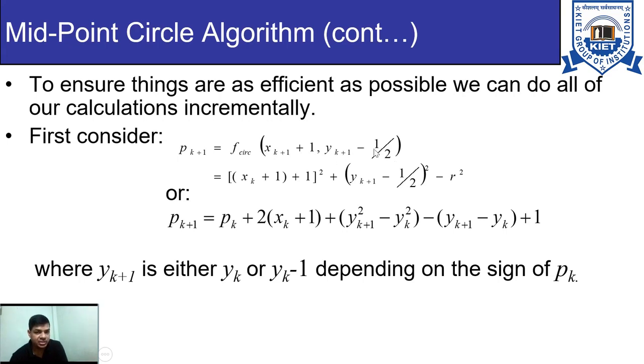And again we are substituting these values in the function, then we will get pk plus 1 is equal to pk plus twice of xk plus 1 plus yk plus 1 square minus yk square minus yk plus 1 minus yk plus 1. So all these things we have already seen in the Bresenham's line drawing algorithm. The concept is very similar.